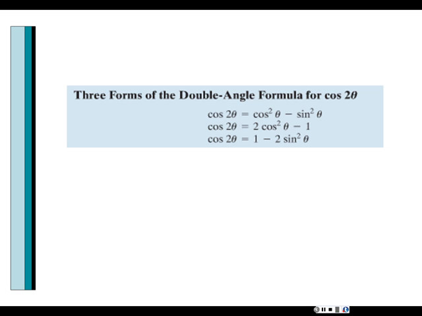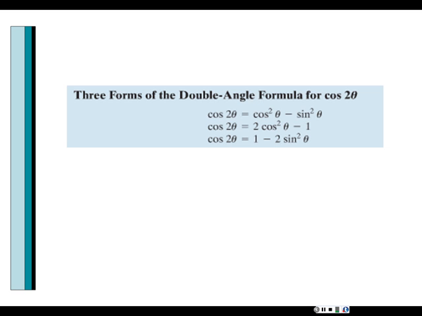Or you can also write sine square theta equals 1 minus cos square theta. So you can always write these three formulas. I'm saying the same formula can be written in different forms. So here, instead of cos square theta, you can write 1 minus sine square theta. So you have 1 minus sine square theta here. From that point, your formula is going to be modified to 1 minus 2 sine squared theta. Now you see why we get that form number 3.